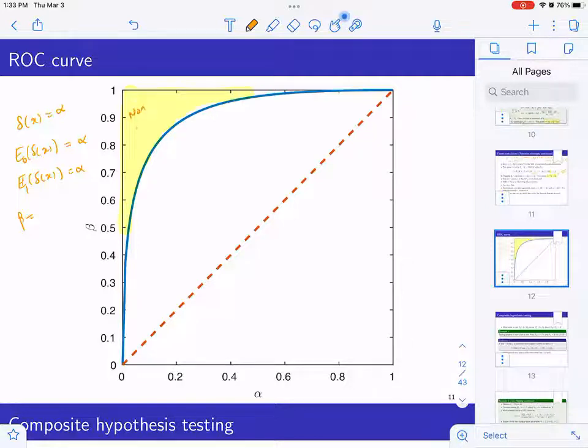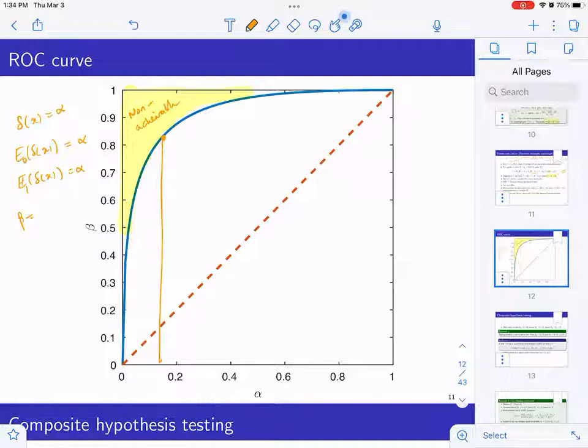Something like this is achievable, because for every alpha, the Neyman-Pearson lemma is telling you that the maximum power is this. That's the power of the likelihood ratio test. So anything from 0 to this point is achievable, and anything above it is not achievable. So this is some optimality.